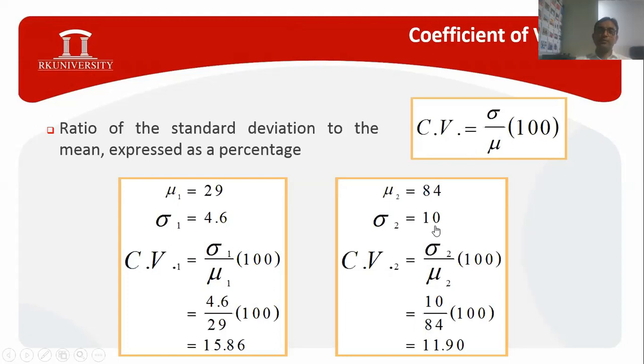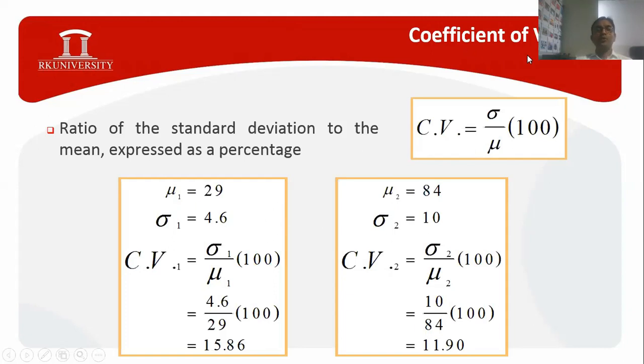At first glimpse, we may say that data set A might be the less volatile data because the value of the standard deviation is less as compared to data set B. But when we calculate the coefficient of variation, we find that in data set A, there is 15.86 percent variation, whereas in data set B, there is only 11.90 percent variation. So data set B is less volatile as compared to data set A.